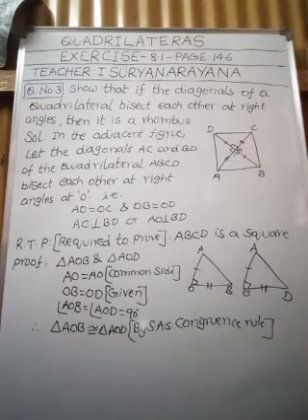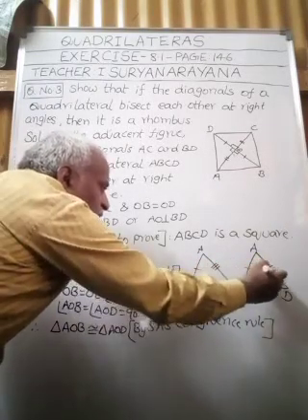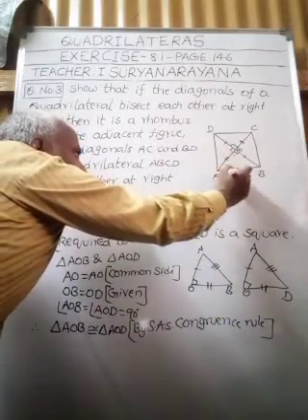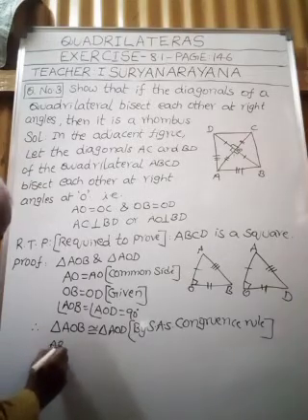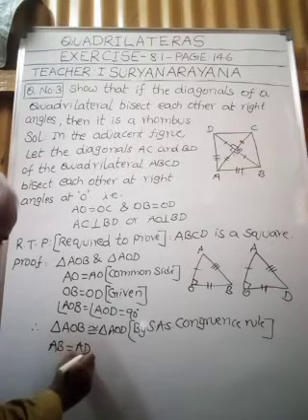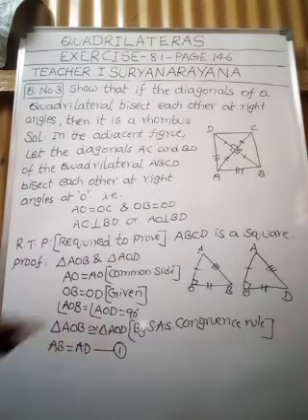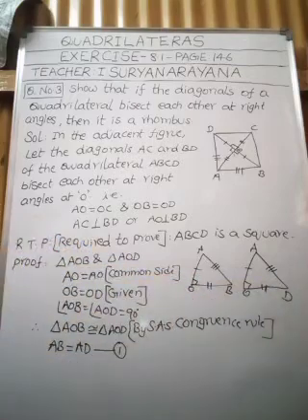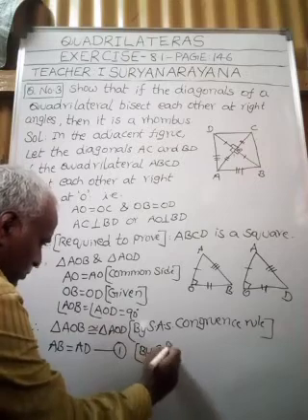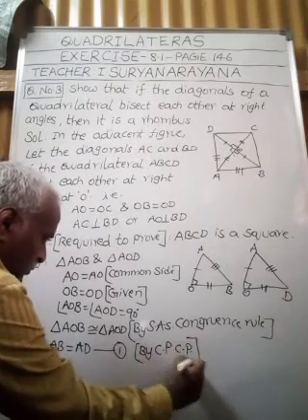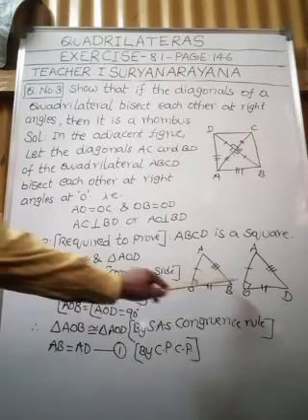Then automatically, what can you say about these two sides? These two corresponding sides are also equal. AB is equal to AD. Isn't it, my children? AB is equal to AD by CPCT. Understood this step, my children? By CPCT, these two sides are also equal.